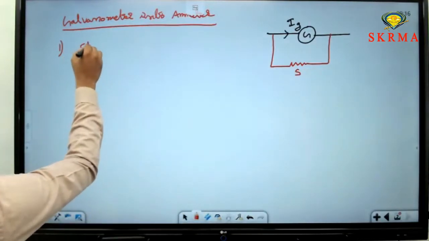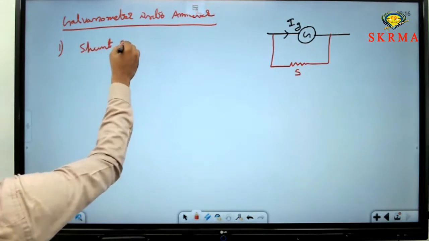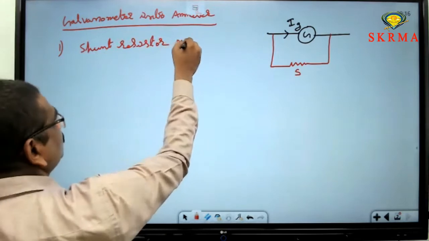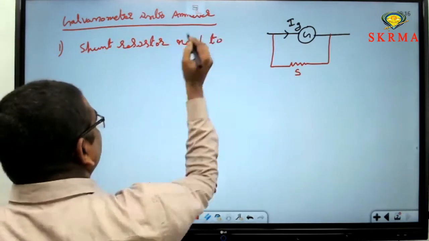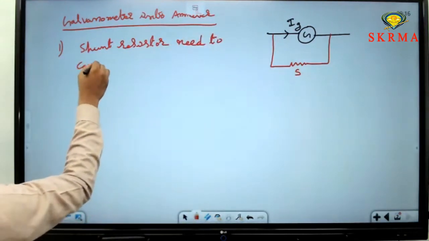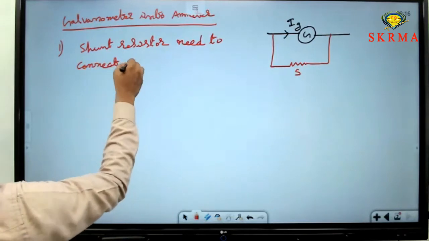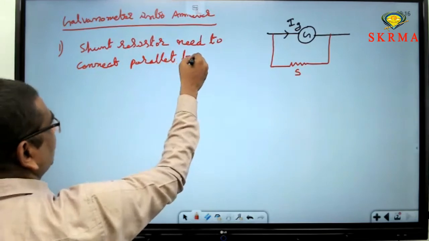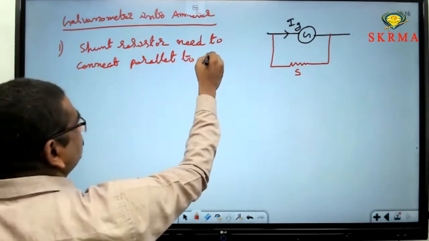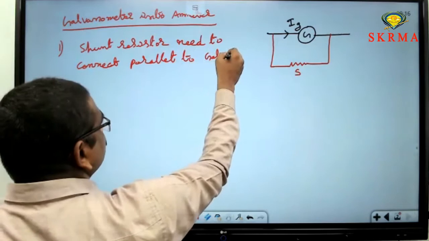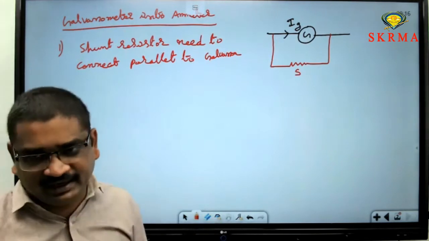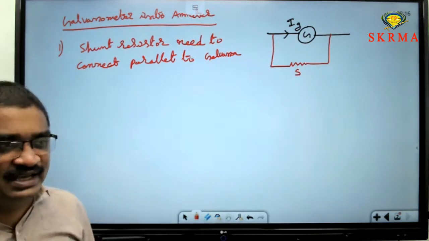So a shunt resistor needs to be connected in parallel to the galvanometer.